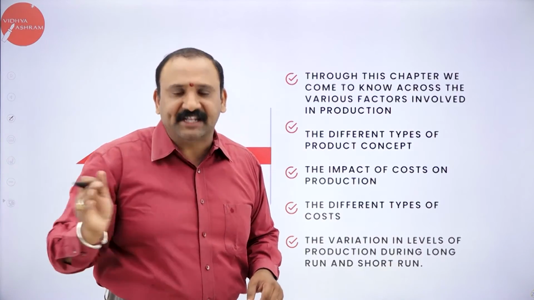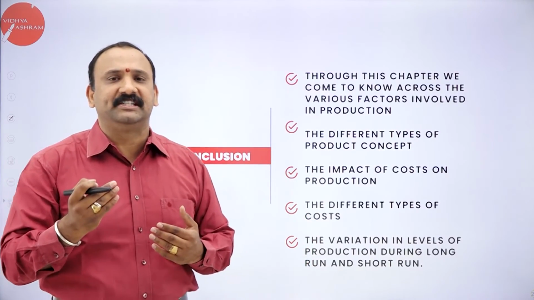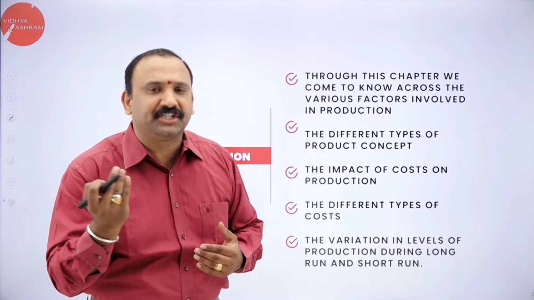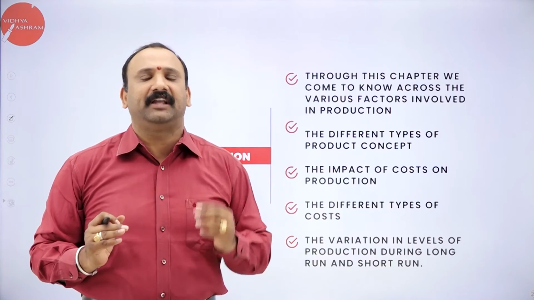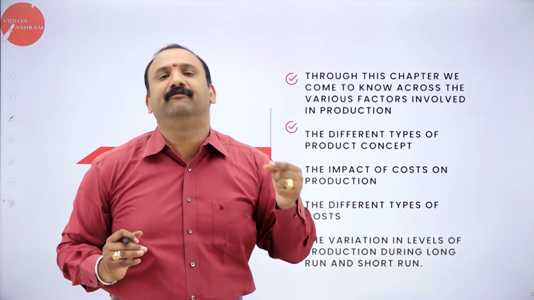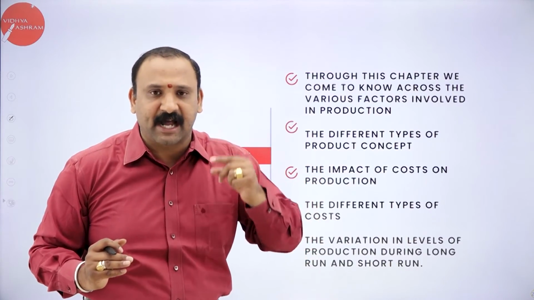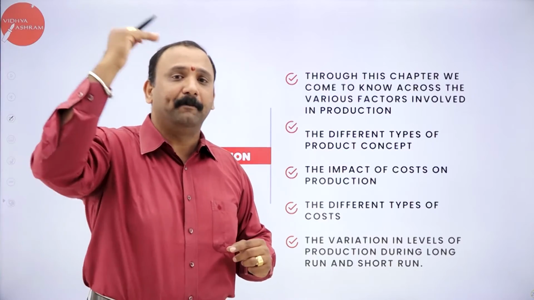Probably through this entire chapter, what we have been trying to focus on is how the production variation is happening. Be it any kind of industry that you are going to see in this world, they are all going to go through the same phase. They will initially start with a short run, then convert themselves into long run, again come back to short run.